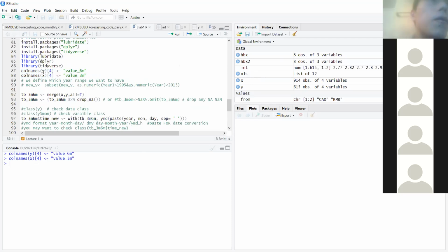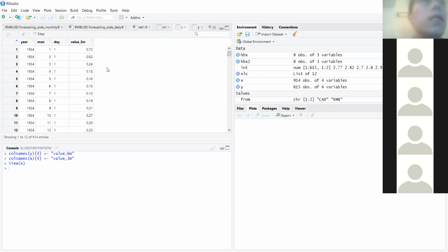This one simply represents that you have a Y and X file, right? For example, like X here. Now this is the last column. Remember, I changed the name. Previously it was called value. Now I change it to value.3m. I want to differentiate. Why do I do so? Now in the next step, I want to merge these two datasets. The two datasets have the same column named value. One is 3 months, the other is 6 months.